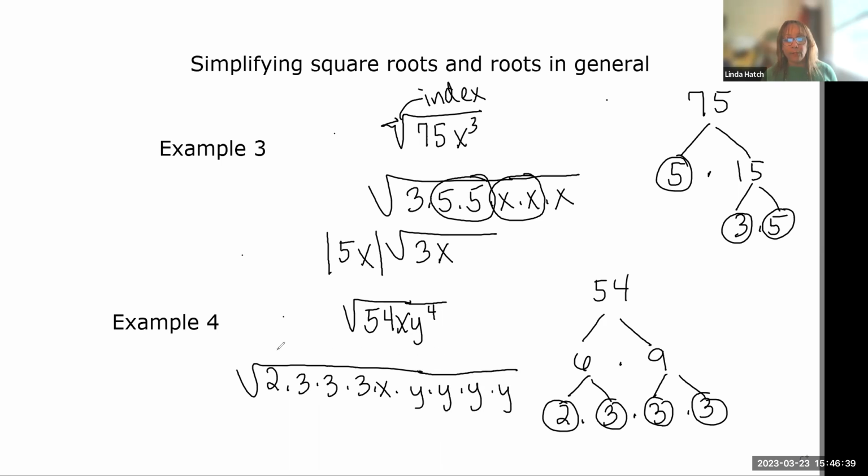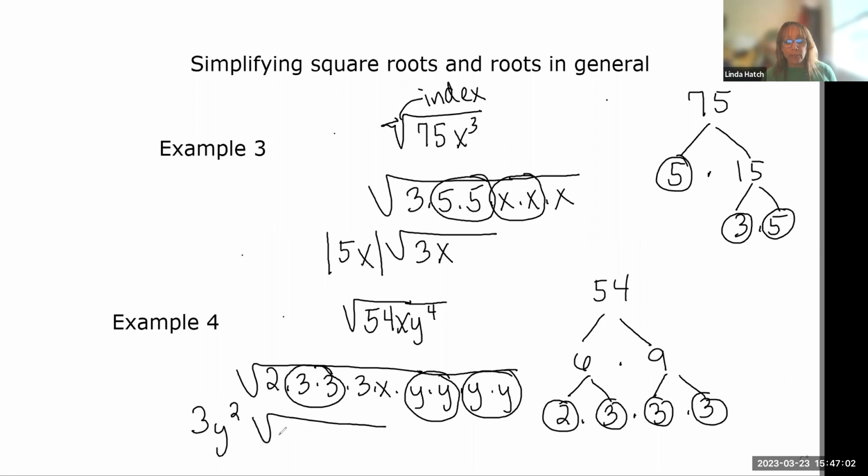All right. And remember, my index is 2. So that means I'm looking for pairs. So I got a pair of 3s. x doesn't have a buddy, and I've got 2 pairs of y. So I'm going to pull that out, and that's going to be 3y squared.